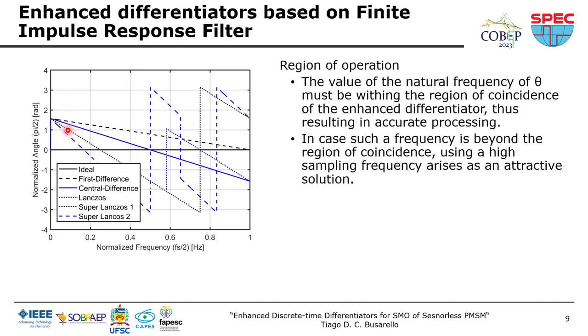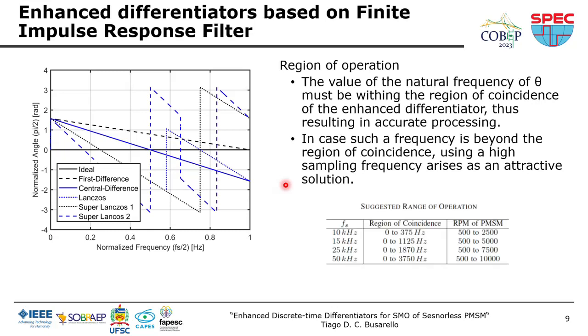And of course, since there is a region of coincidence, we need to check the region of operation. The value of the natural frequency of theta, which is the rotor position signal, must be within the region of coincidence of the enhanced differentiator, thus resulting in accurate processing. In case of a frequency beyond the region of coincidence, using a high sampling frequency arises as an attractive solution. We computed some suggested ranges of operation based on the values of the machines that we are using in this paper.